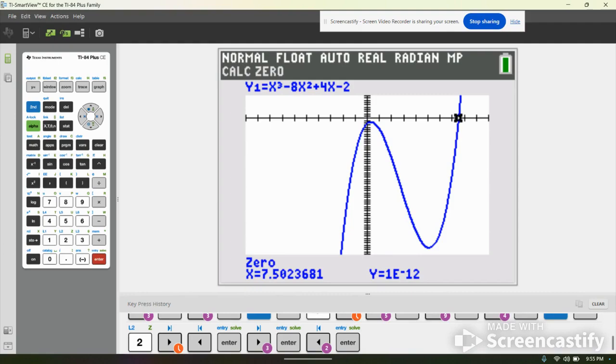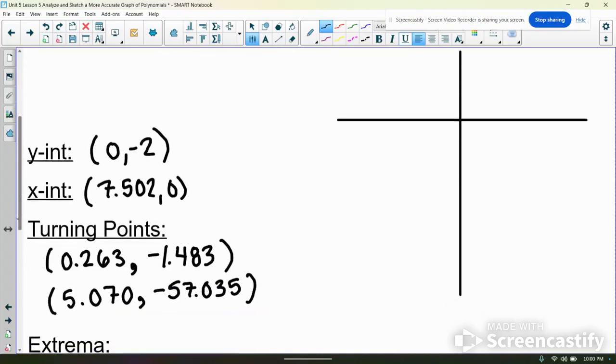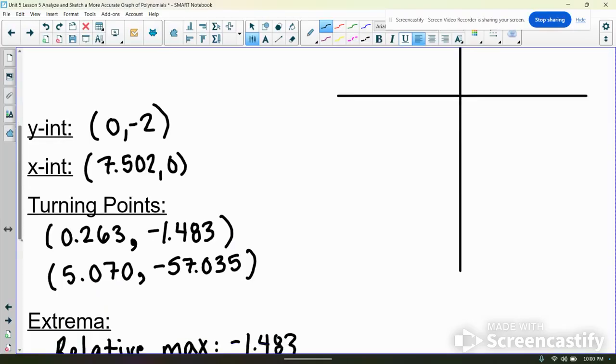So now I'm going to take a second, copy all this information down on the page that we just left from the Smart Notebook. So as of right now, for this polynomial, I have the y-intercept that we found, the x-intercept we found, and the 2 turning points.